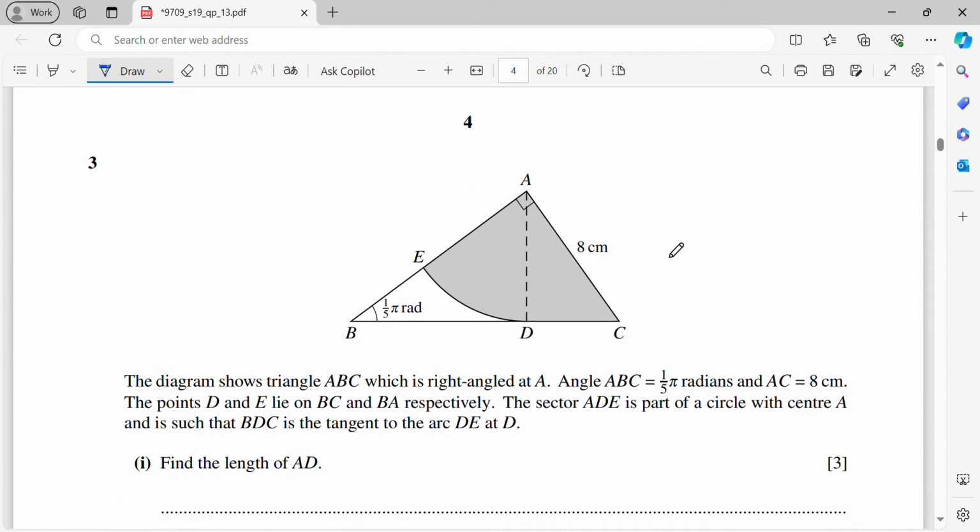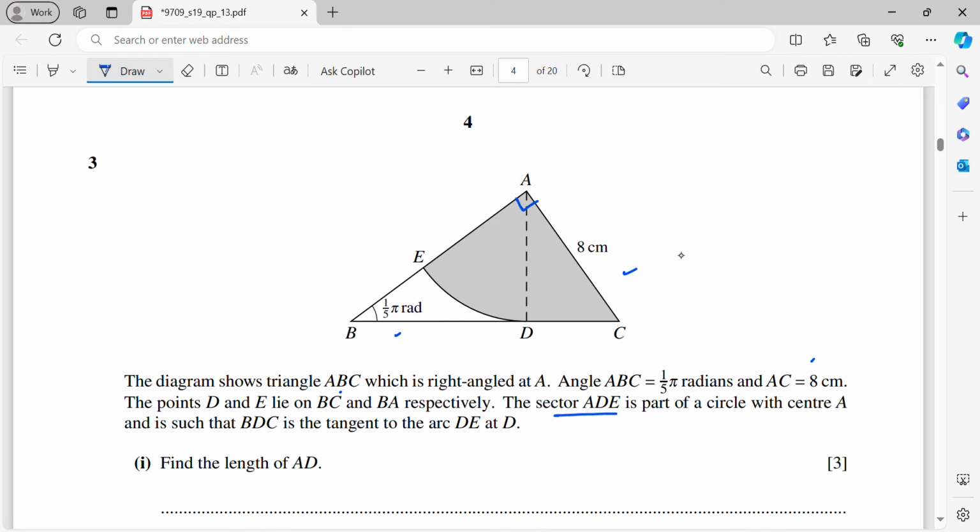For question number 3, the diagram shows triangle ABC, which is right angled at A. So here is 90 degrees. Angle ABC is 1 over 5 pi radians, and AC is 8. The points D and E lie on BC and BA respectively.